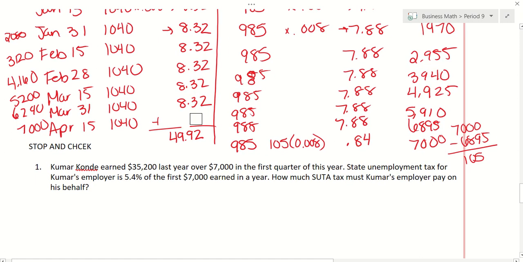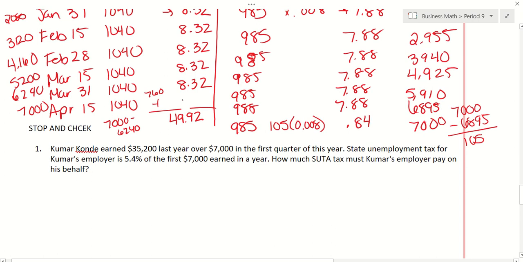Same thing with over here. We actually need to change this one from 8.32. How far are they from the 7,000? From 6,240. So if we take the 7,000, subtract the 6,240, we're technically only 760 apart, and that's what gets multiplied by the 0.008 and gives us 6.08 for this one. So now if we add this column up, let's think where we're at.